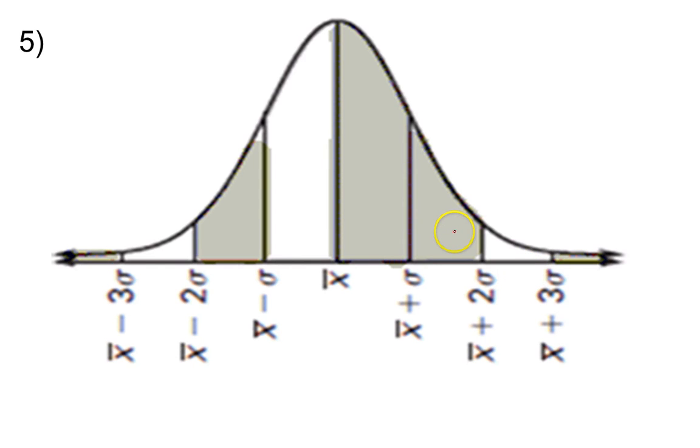Let's look at number 5. For this one, our best bet may be to simply add. This piece down here is 0.15%. This 2.35 is not shaded. Here we have a 13.5, here we have a 34, and here is a 13.5.